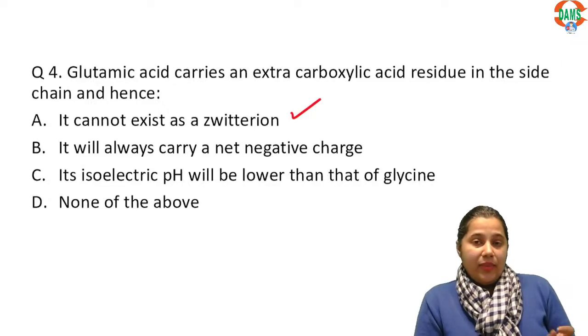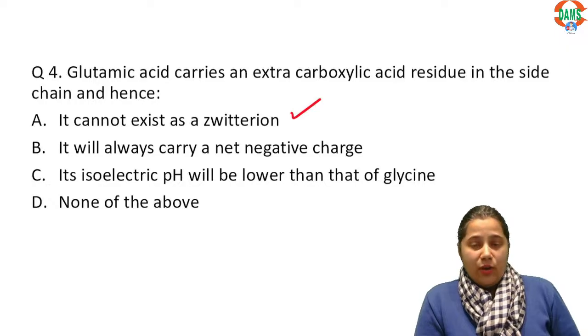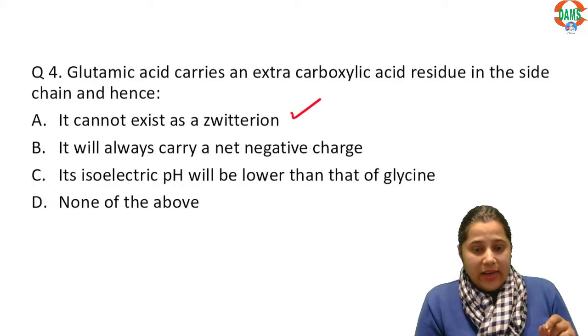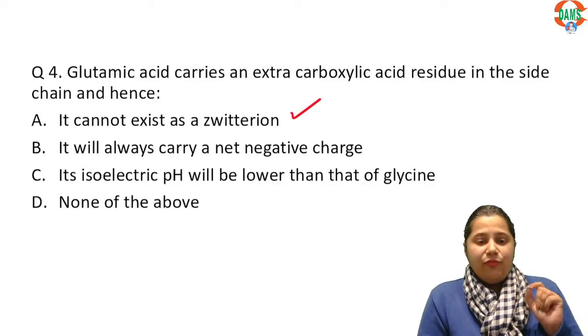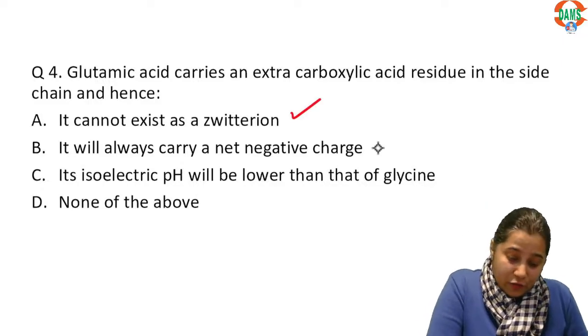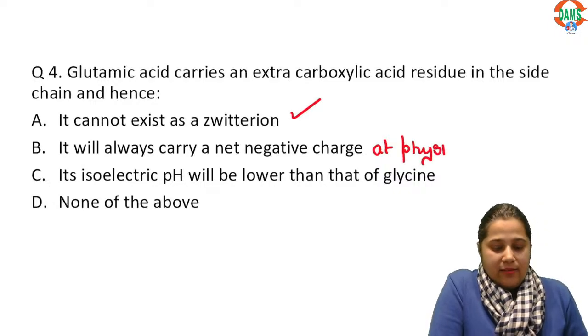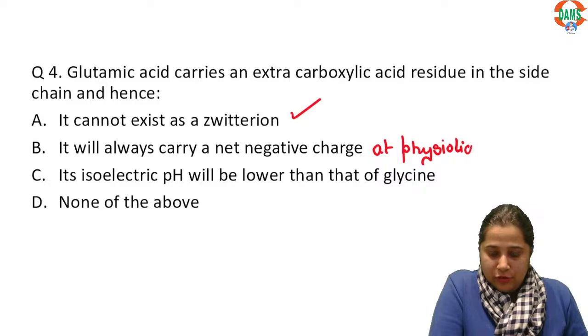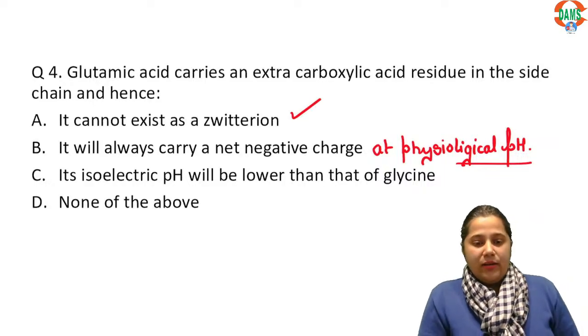It will carry a negative charge. Now here, this statement is partially true. In this given question, instead of mentioning it directly that it will carry a net negative charge, they would have mentioned that at physiological pH, then this statement is true. So this statement is partially true.